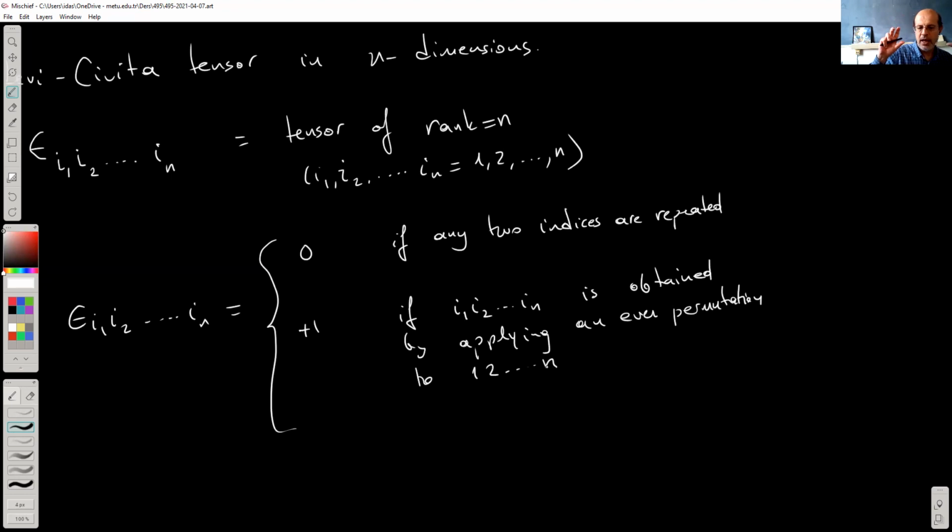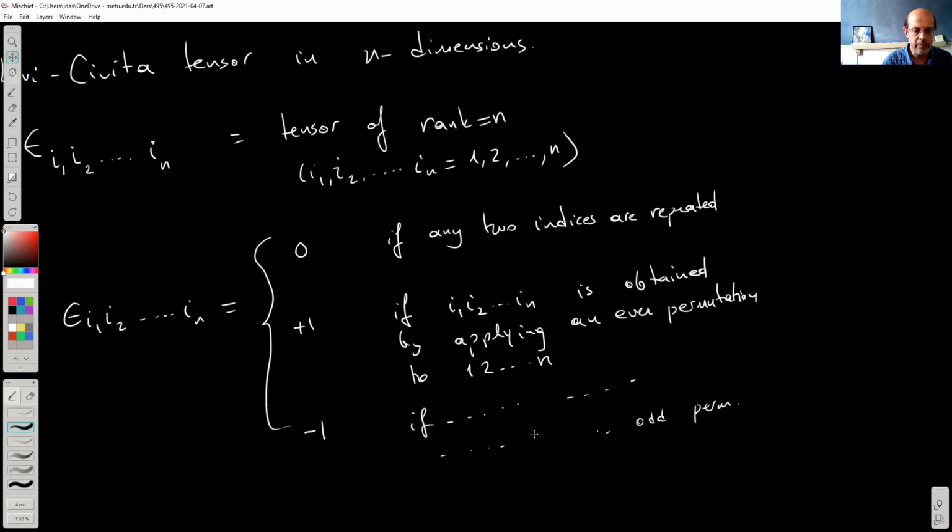So I have the standard sequence 1 to n, and if I obtain this sequence by applying a permutation to it, I would like to know whether the permutation I used is an even permutation or an odd permutation. It is -1 if it's the same thing, but this time it is an odd permutation.